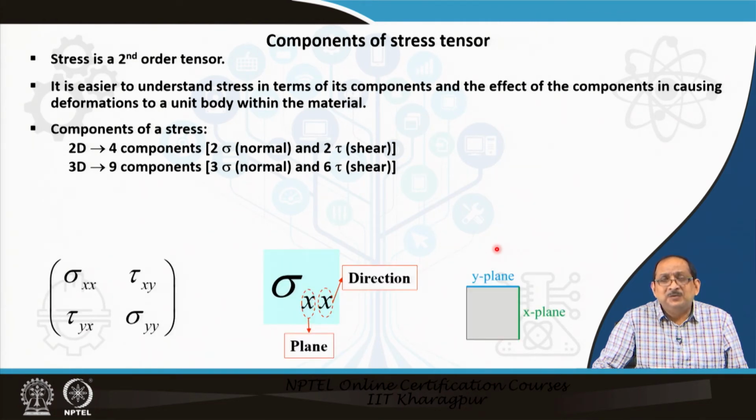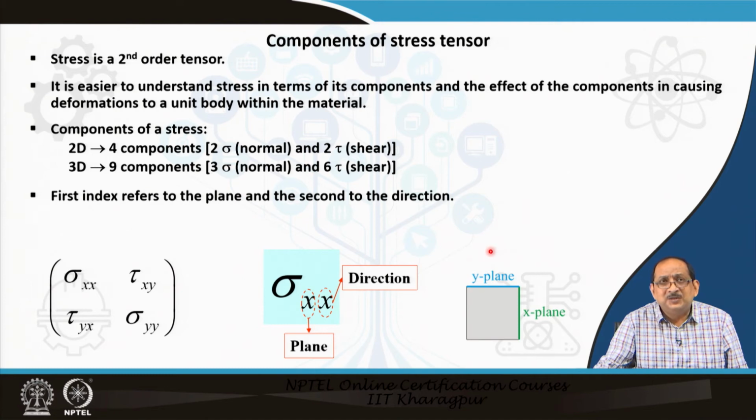Let us try to understand the components of a stress tensor in more detail. Here, as you can see, the first index of the stress component refers to the plane on which it acts. So, here it is sigma x, meaning it is acting on the plane x, and the second index is the direction.